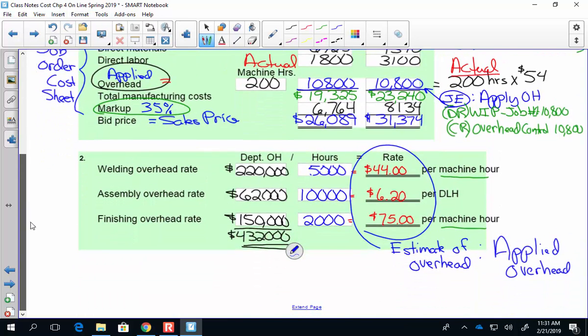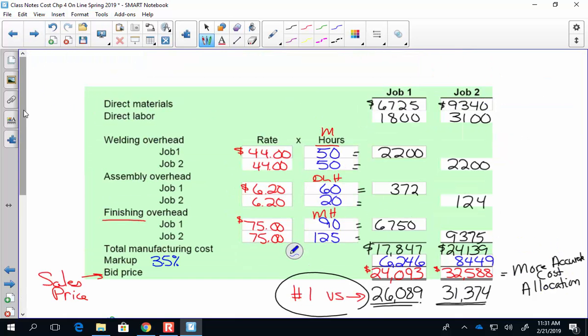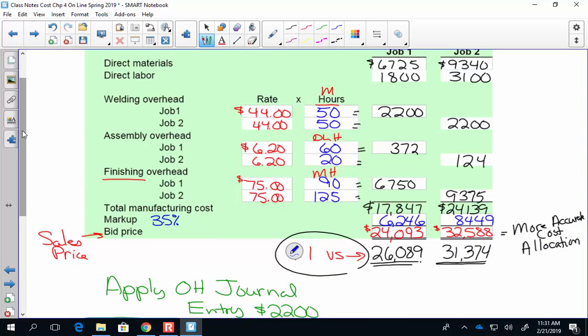In part 2 of this problem 57, we are using departmental rates instead of 1 rate. We've got 3 now because welding, assembly, and finishing use different drivers. 1 is machine hour, or 2 are machine hour, 1 is labor hours. And then how does that application work? Well, now I got to have 3 lines, 1 for each department.